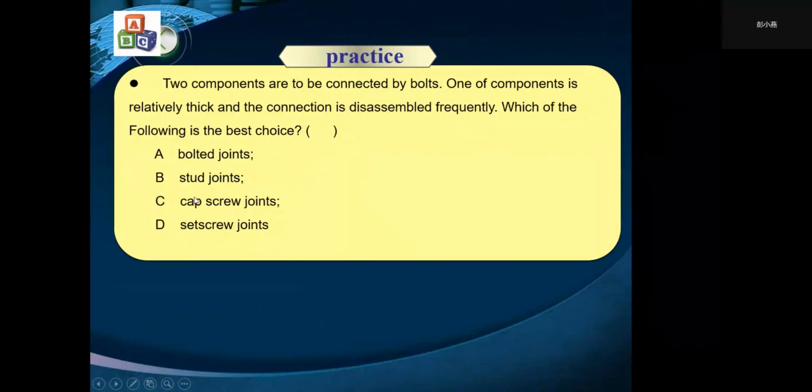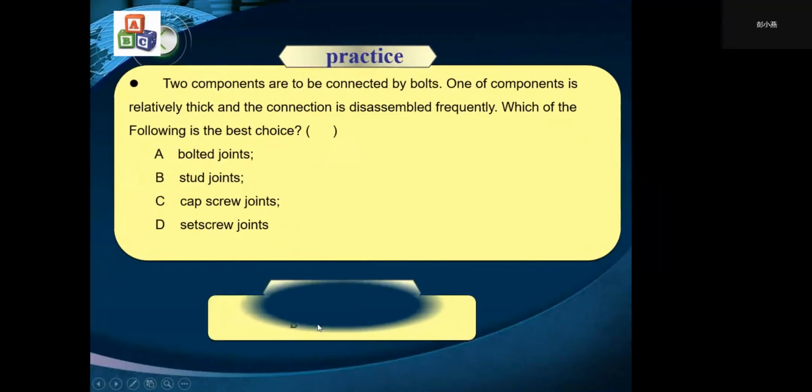B. Stud joint. C. Screw joint. D. Set screw joint. So, choose which one? The answer is B, stud joint.